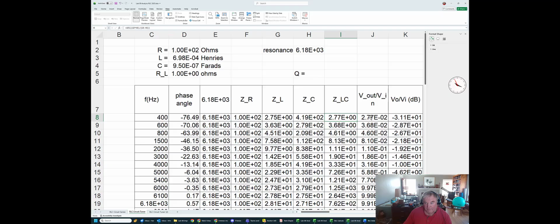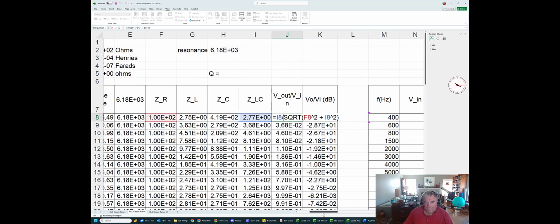And then V out over V in is, let's see, I8, yeah, so that's VC2. And then the bottom is the Z total.